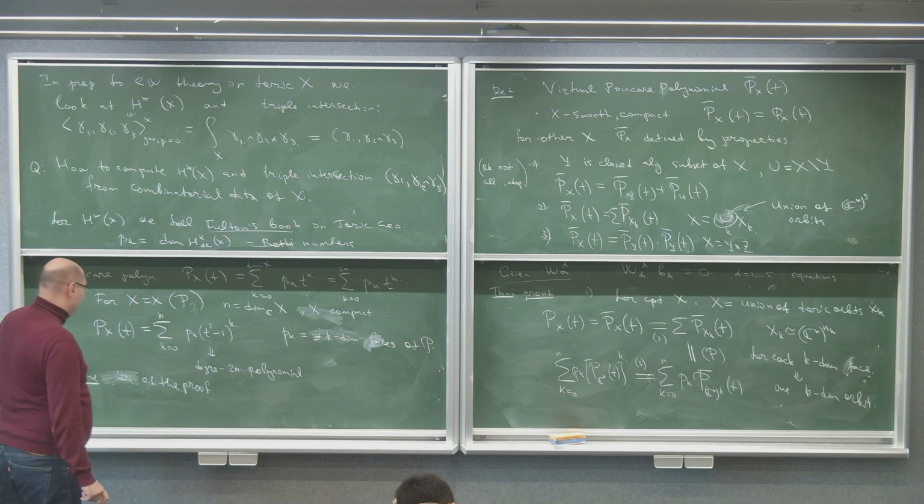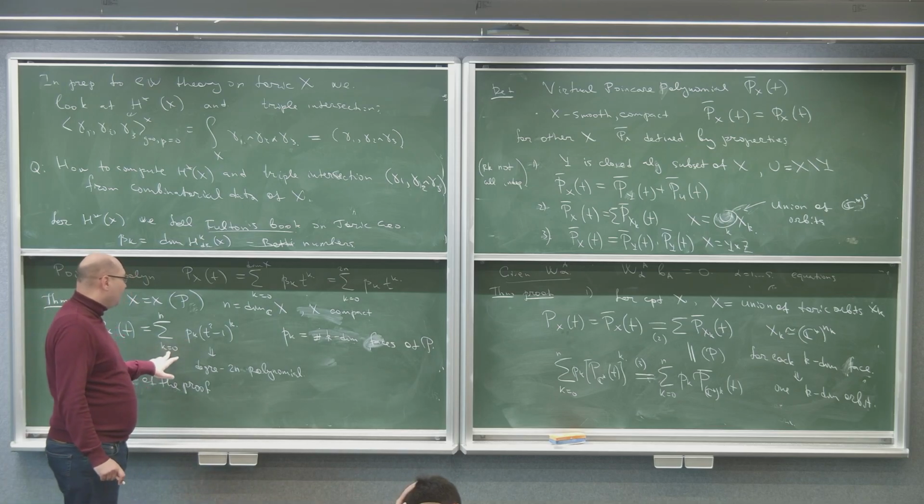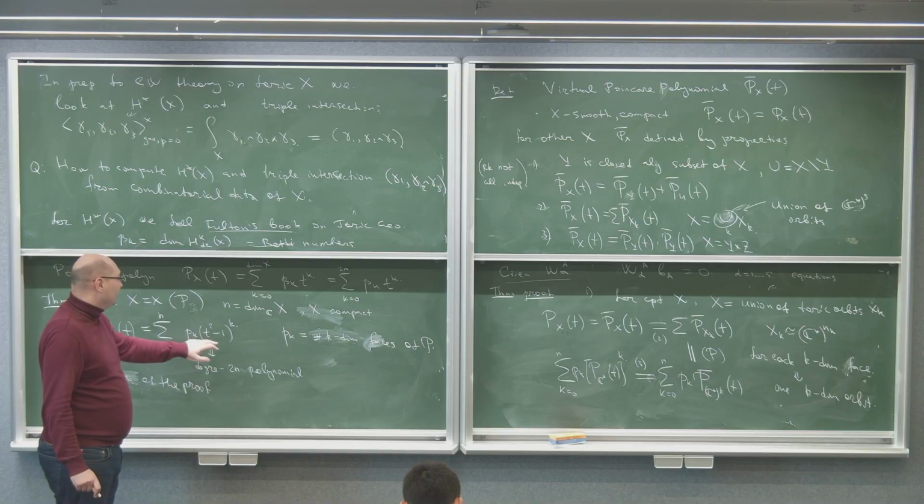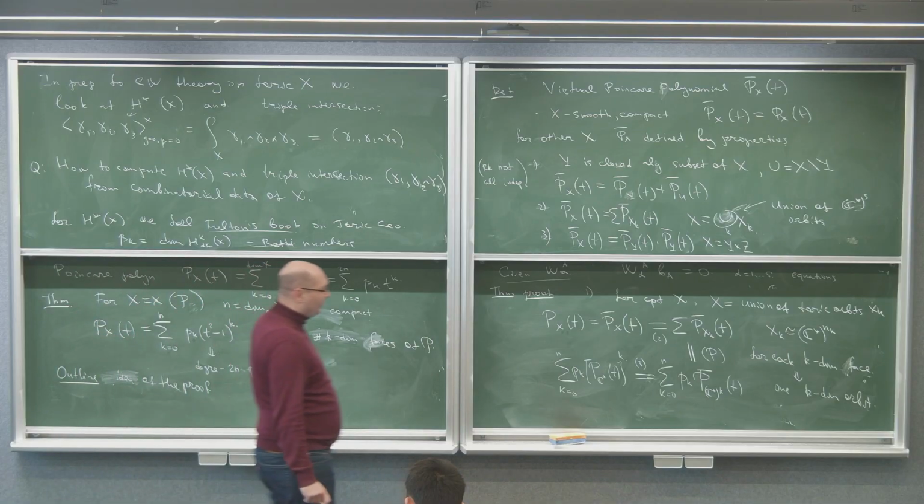Okay, so we are getting very close. We reproduce the sum from k equal to 0, the number of k-dimensional orbits, and we even reproduced some power k of t square minus 1.